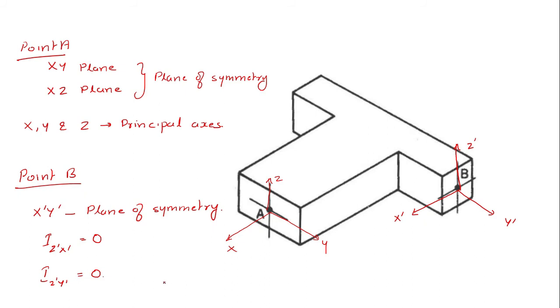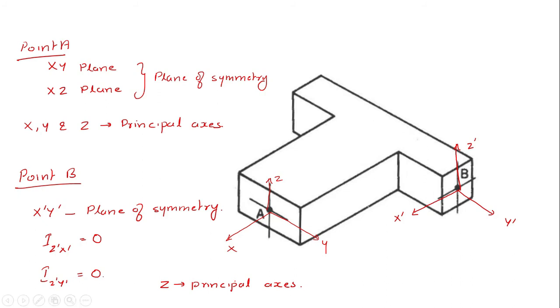As such, the z axis will be a principal axis. The other two principal axes may not be x dash and y dash, they may be some other axes, so that we'll have to find out.